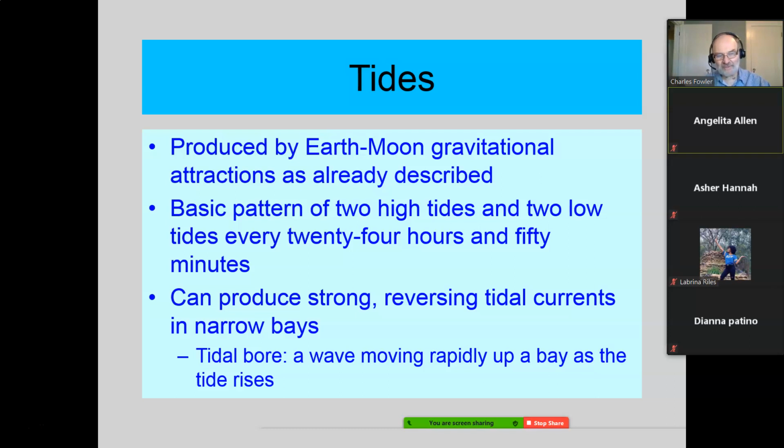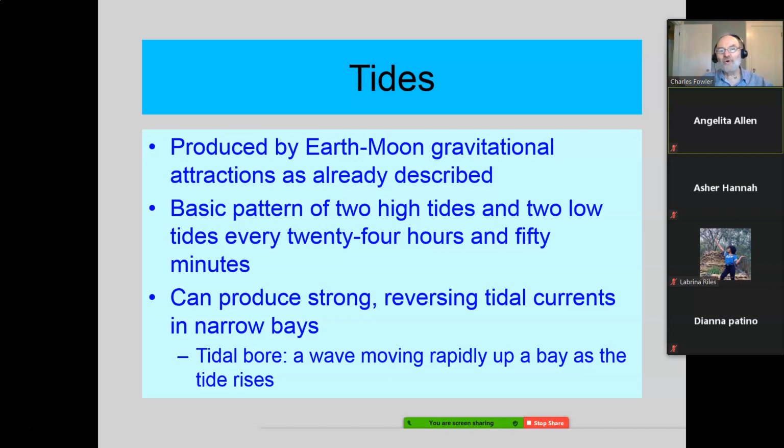Bay of Fundy, I believe it was, F-U-N-D-I. The way it's shaped and the shallowness produces, I think we said, up to a 15-story building, or maybe it was 15 meters. I don't remember. Huge. I think it was 15 meters, which would be a five-story building. That's the difference in high tide and low tide.